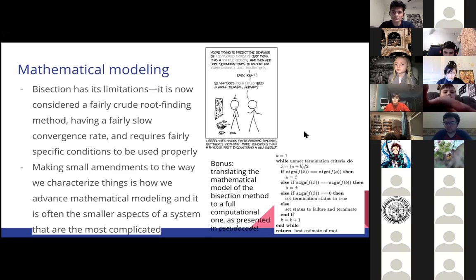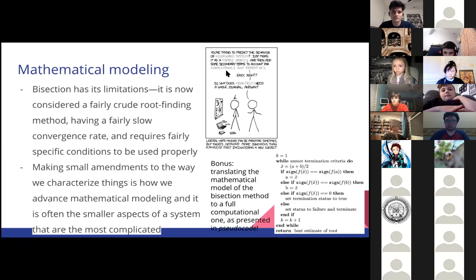While the termination criteria is unmet, i.e. the condition that makes it keep running is satisfied, then we do some things. So we set the observed value x hat to a plus b over 2. Remember how we did 3.5 over 2 before.